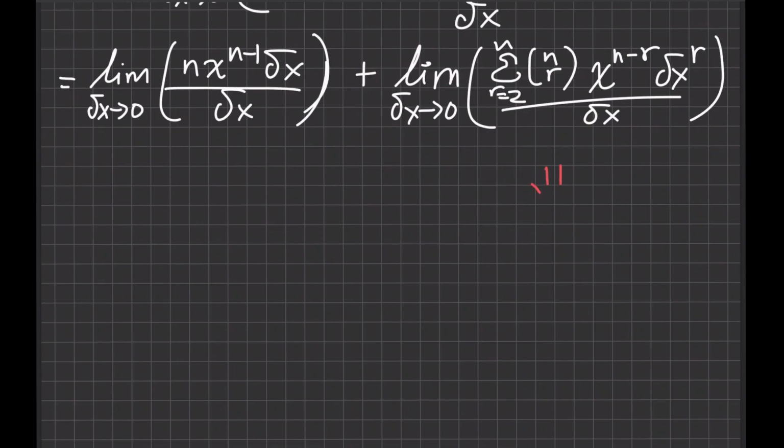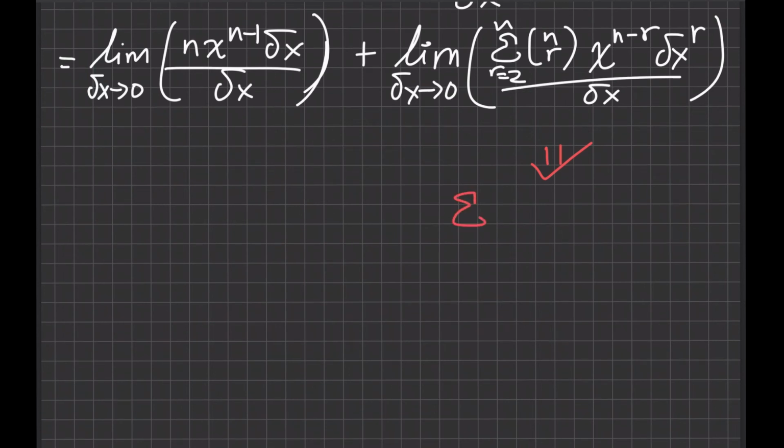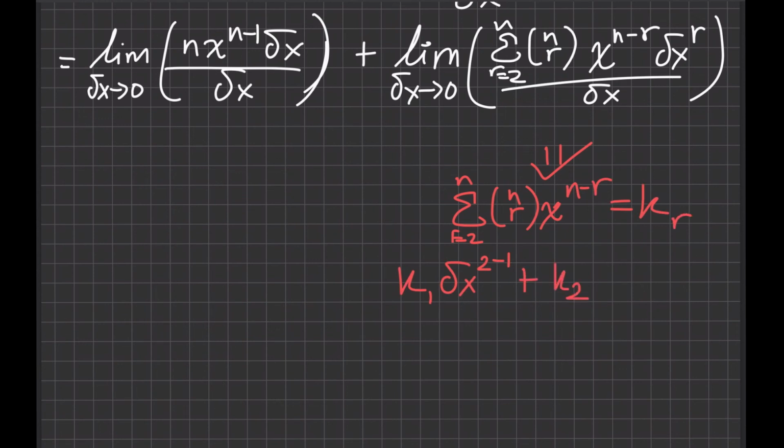So what I'm going to do is write an equal sign here in vertical format. What we're seeing here is that because this is a summation, you have some constant and you have x to the power. So what we have here is some constant k, x to the power n minus 2, dx to the power 2, and then plus a lot of these numbers until we get to dx to the power n.